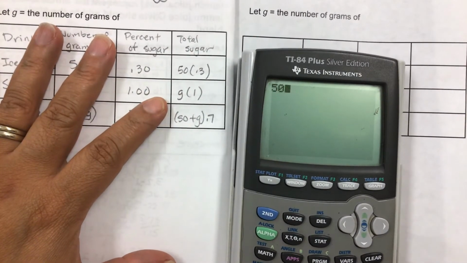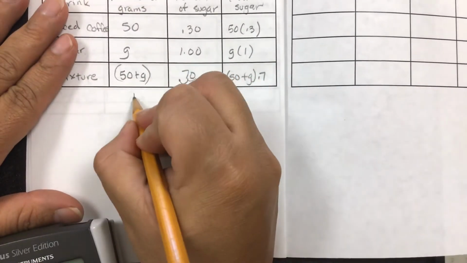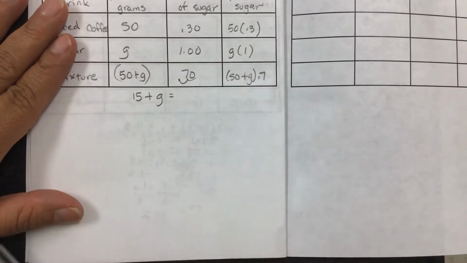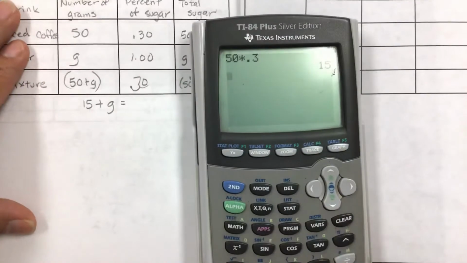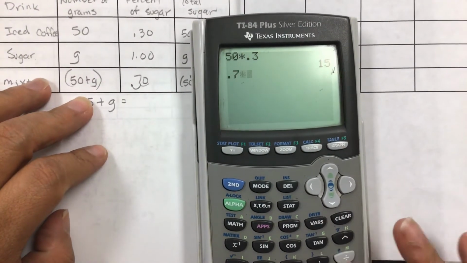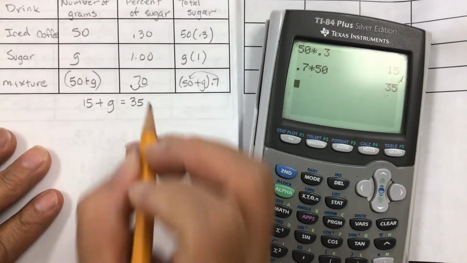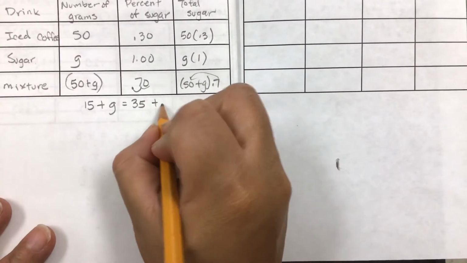Okay, so 50 times 0.3 is 15. 15 plus 1G is just G. And then on this other side, we have 0.7 times 50, and it's 35, and then 0.7 times G is 0.7G.